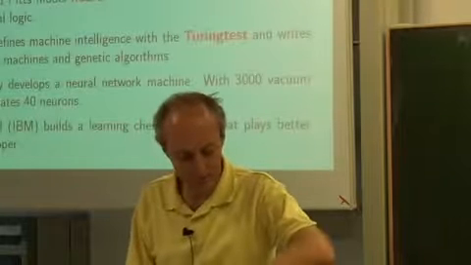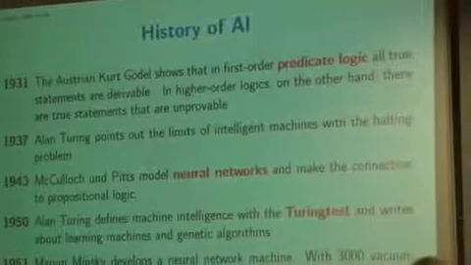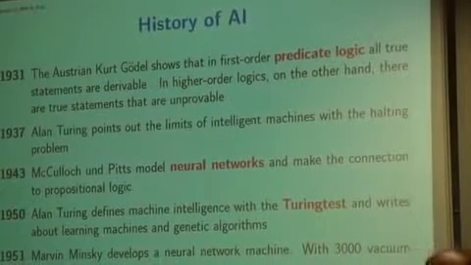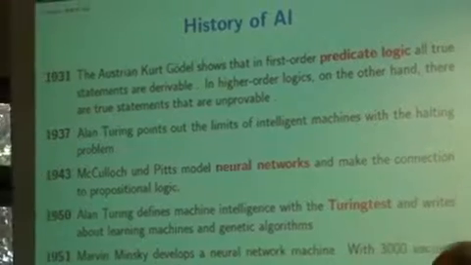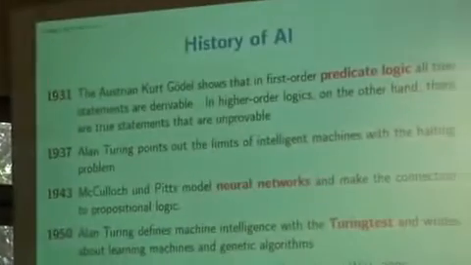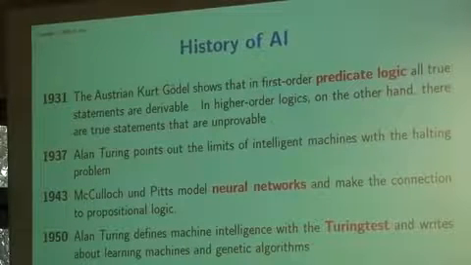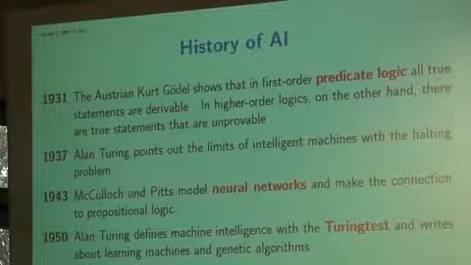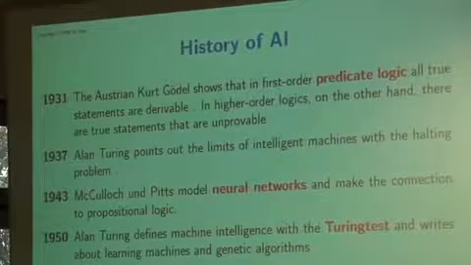Okay, so let's talk a little bit about the history of AI. I gave you some figures about the history of AI already. There are people starting the history of AI in old Egypt. But I think an interesting date is 1931, when Kurt Gödel, an Austrian logician, shows that in first-order predicate logic, all true statements are derivable.